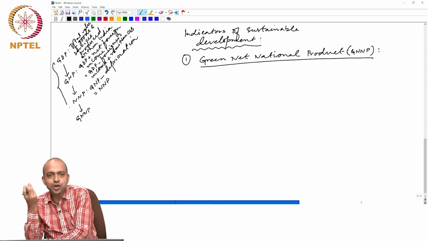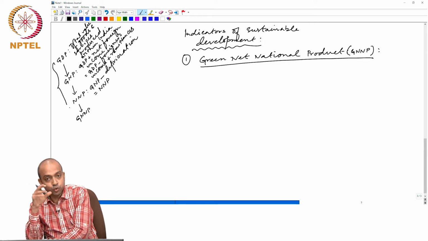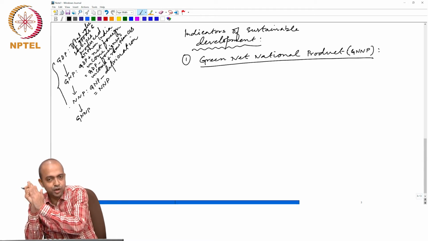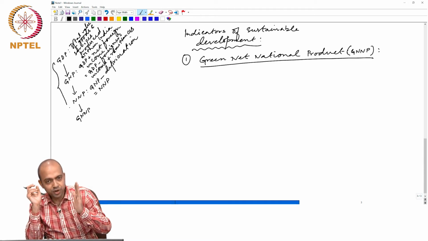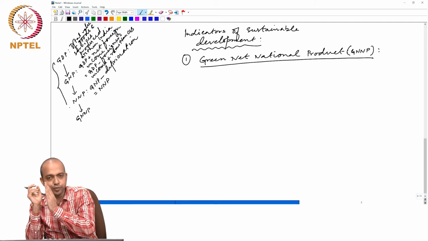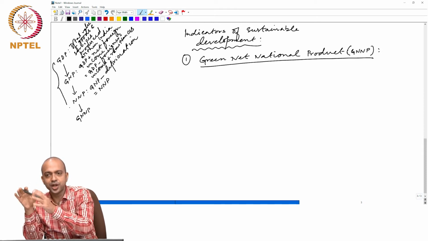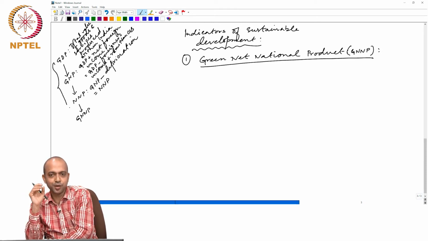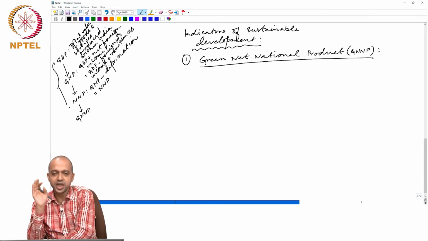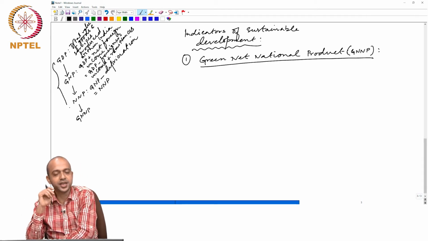Because of the amount of renewable resource, non-renewable resource, and the pollution we are generating, if we do not consider the value of all those, you must subtract the contribution of the renewable resource, you must subtract the contribution of non-renewable resource, and you must keep some amount of money available for correcting the pollution we are generating in the process of making this NNP value.